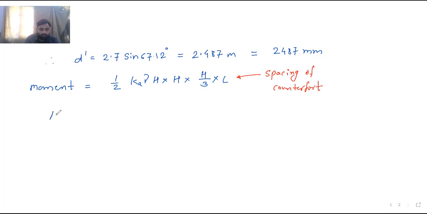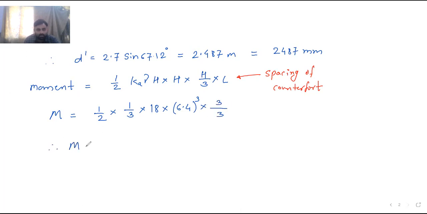Now if we put the values, M is equal to 1 by 2 into Ka is 1 by 3 into gamma is 18 into h cube, height is 6.4, into L, the spacing, is 3, divided by 3.